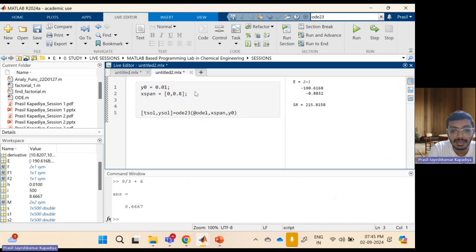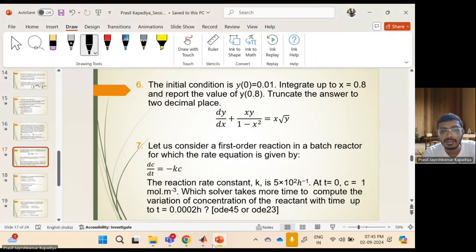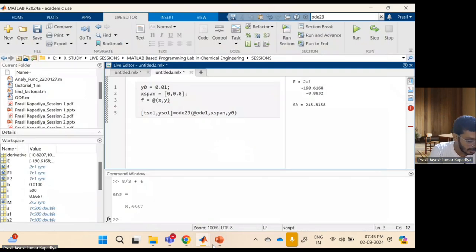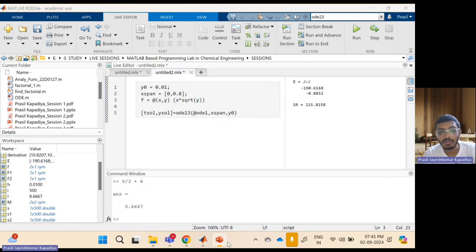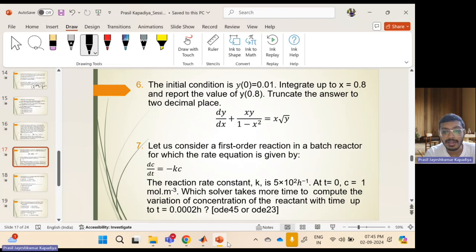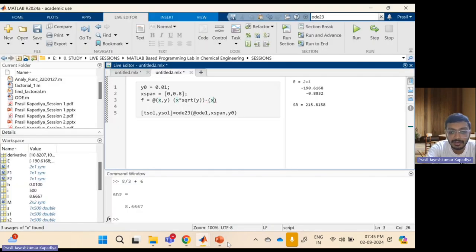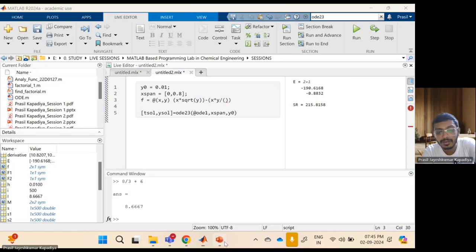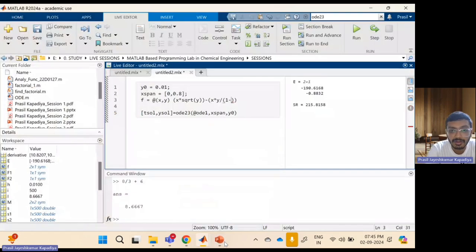So what I will do here is write f is equal to at the rate of x comma y, and my equation is x into square root of y, so I will write x into sqrt of y, minus x into y divided by 1 minus x square.